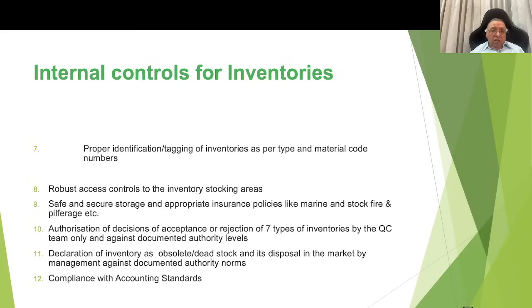Number ten, authorization of decisions of acceptance or rejection of the seven types of inventories by the quality control team must be against documented authority levels in the SOPs. Similarly, the declaration of the inventory as obsolete and dead stock and its disposal in the market by the management must be against documented authority norms.